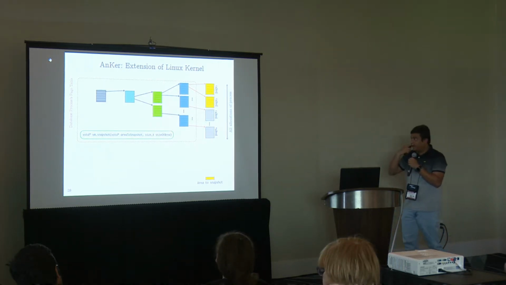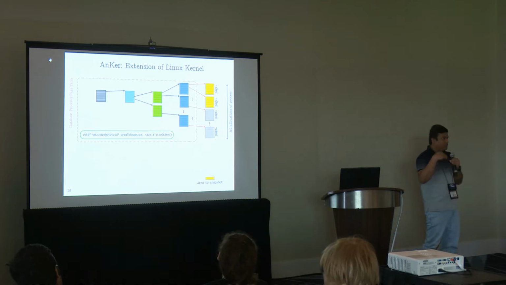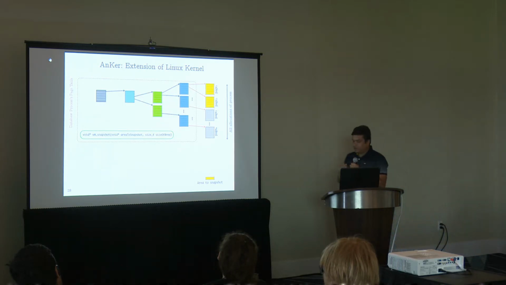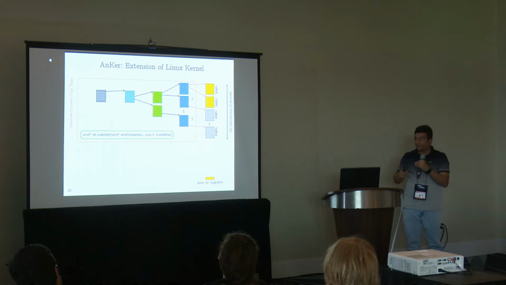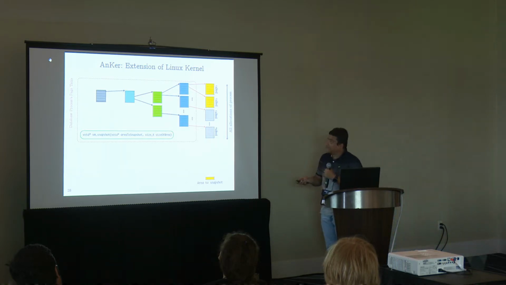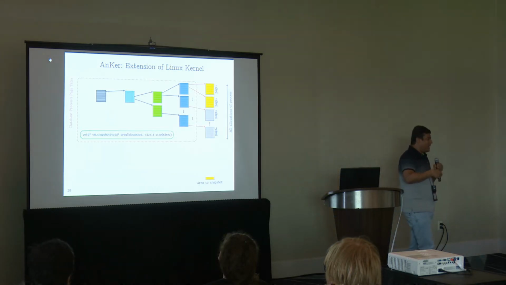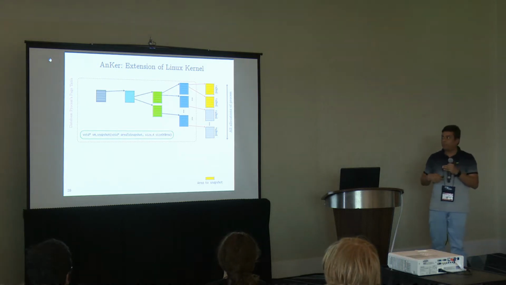So what we did is we decided to explore the Linux kernel and implement a trimmed down version of fork. You can think of this as a memcopy implementation inside the kernel, so it's kernel support for memcopy. It has a very simple API: you pass in the virtual address of the memory area that you want to copy and the length.